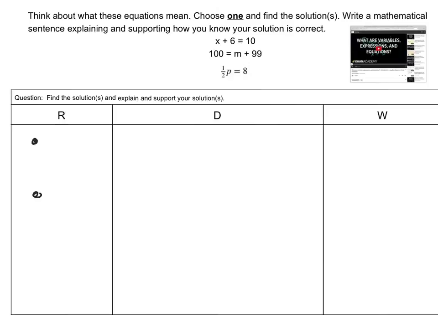Write it out. And then finally, what background knowledge or math skill do you think that you would have to use to be able to solve this? Identify it. That is the third aspect of your read now.